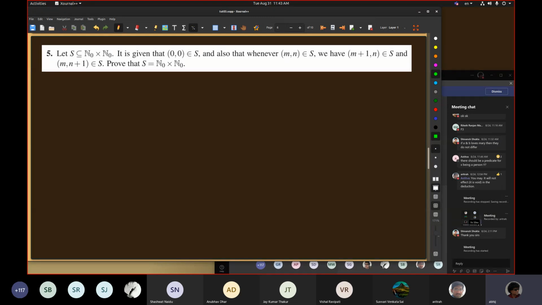It is given that (0, 0) is in S, and also that whenever some (m, n) is in S, we have (m+1, n) in S and (m, n+1) also in S. Then prove that S is the entire set N0 cross N0.